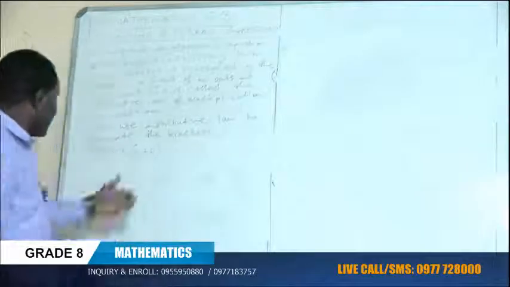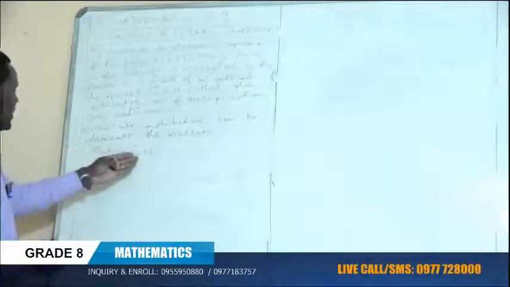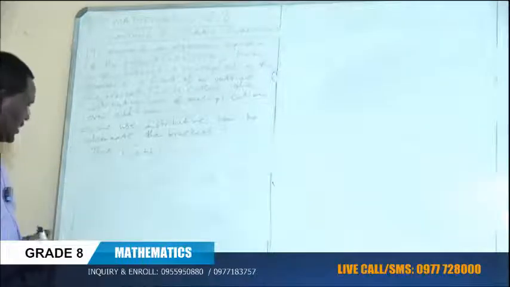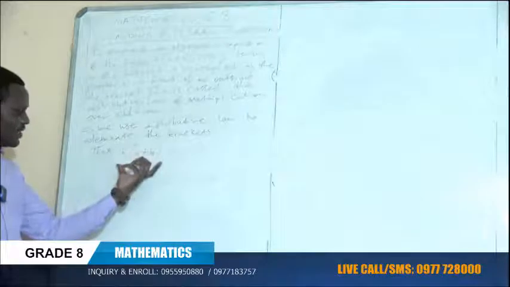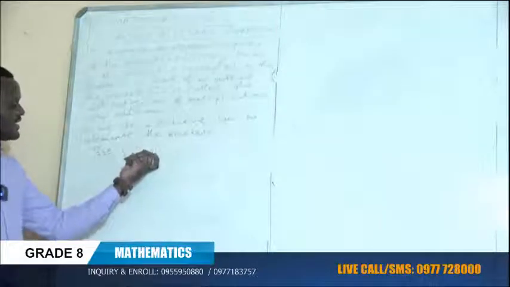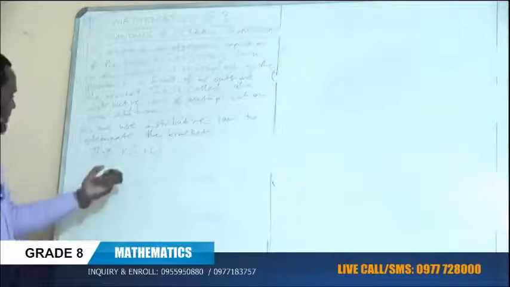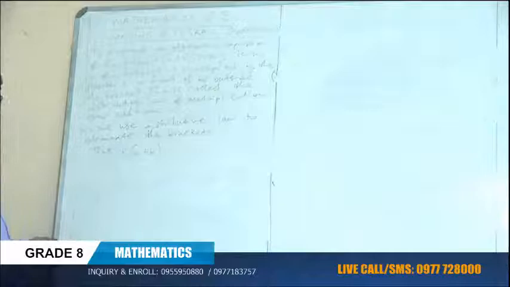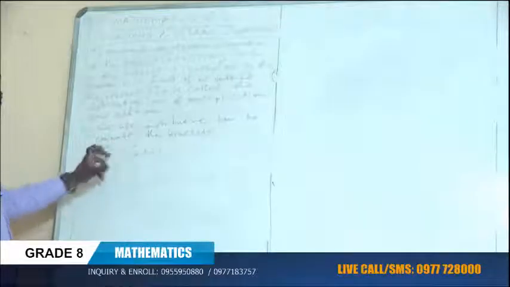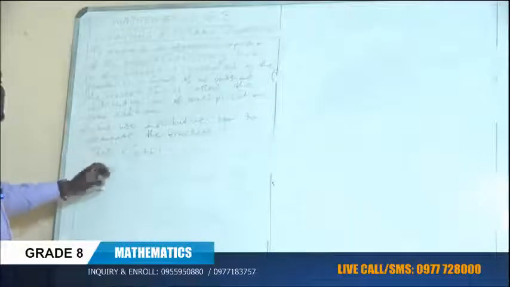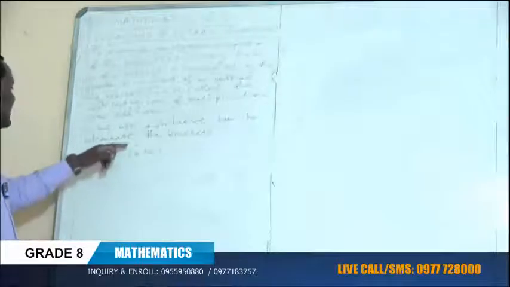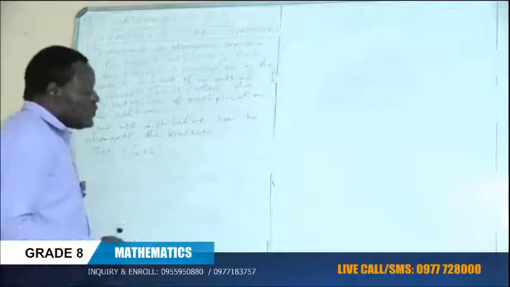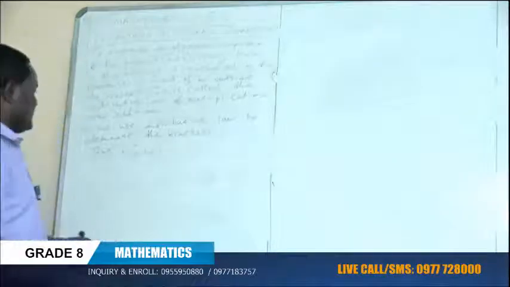So we have an example here. K in brackets a plus b. If you check this expression, we do have two terms inside this bracket: the first term a and the second term b. Now, for us to expand, we're going to distribute, meaning we're going to multiply the number k to each and every term in the brackets.